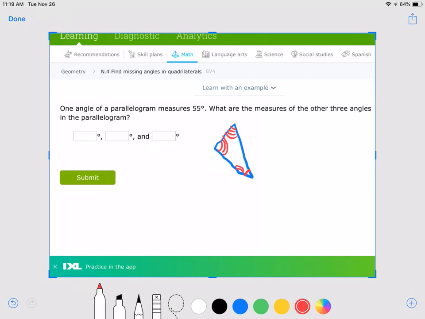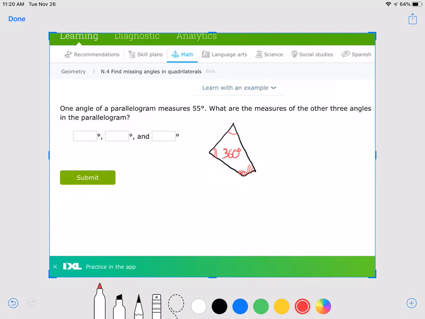All four of its angles, that's not very clear drawing. Let's draw another one. Smaller. So we got, okay, so all four of its angles have to add up to 360 degrees, unlike a triangle, which adds up to 180.